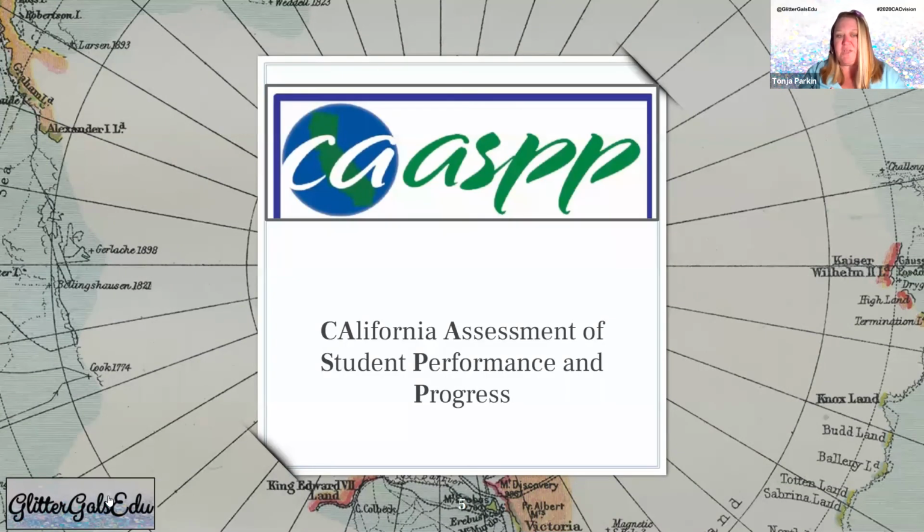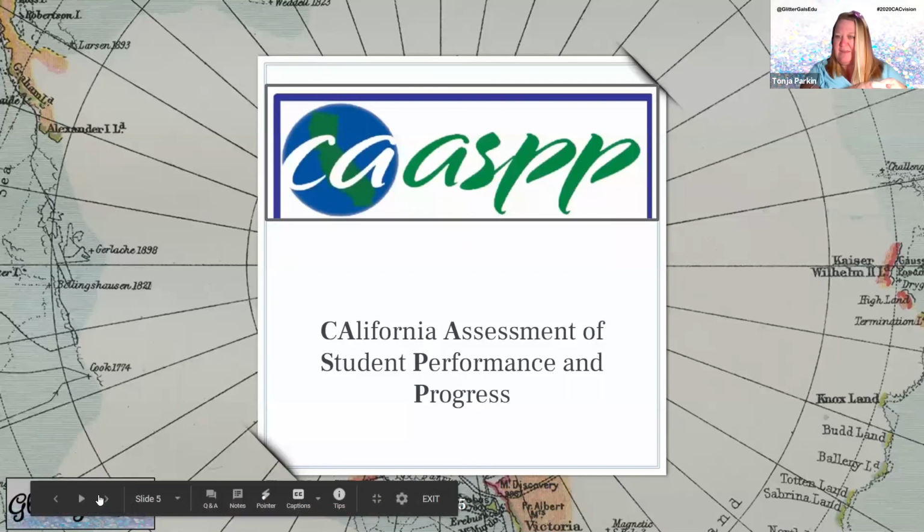Our California CASP system, if you will, is the language arts and math portion from Smarter Balanced, but then also we can't forget about the CAST, the science test, we can't forget about our LPAC assessment, and all of those other California-based assessments that we give that are all part of this CASP system, which has roots from the Smarter Balanced performance task and computer adaptive portions of the language arts and math tests.